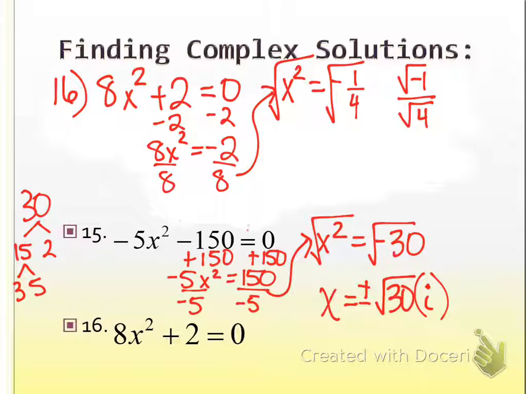We can split a radical over a numerator and a denominator. So what is the square root of -1 equal to? Oh, i. Okay, so we would have x equals i over, what's the square root of 4? 2. And again, we could have a plus or minus out in front of it. If you don't get the plus or minus on your paper today, I'm not going to make a big deal about it, but it is coming back.